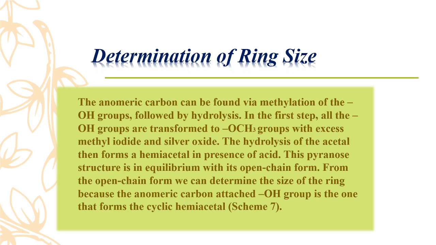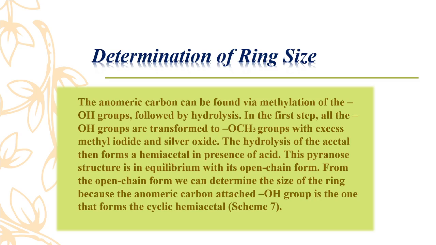In the next step, there is a hydrolysis using HCl and H2O, and after the hydrolysis this anomeric OCH3 is converted into an OH group. That means a hemiacetal molecule is formed. This pyrano structure is in equilibrium with the open chain form, so the ring can be converted into the open chain form and the open chain form can be converted back into the ring.